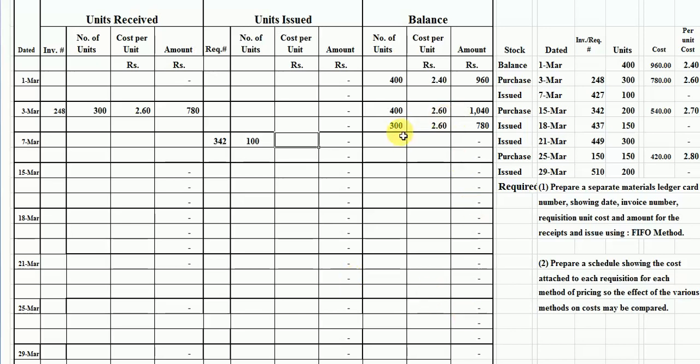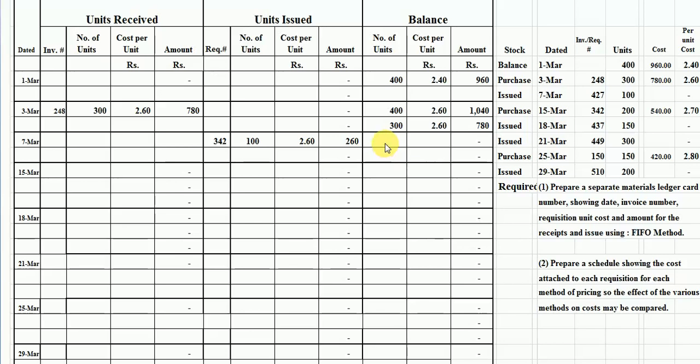Now, in our inventory record, 400 units is the first cost. We will take 100 units from the 400 units because this is the first purchase in our inventory record. The rate is 2.40.